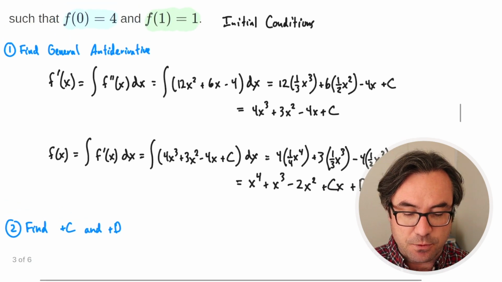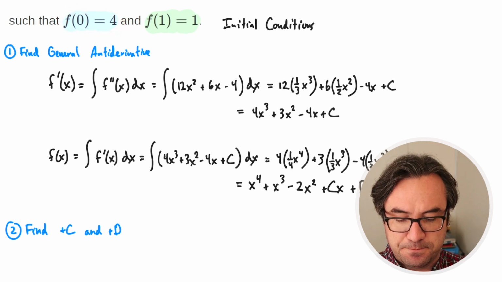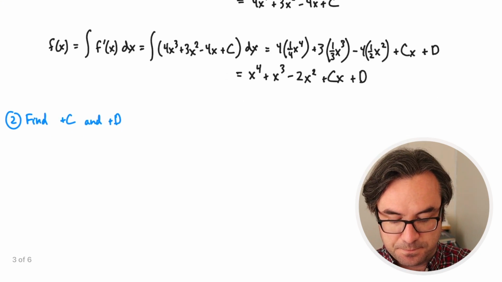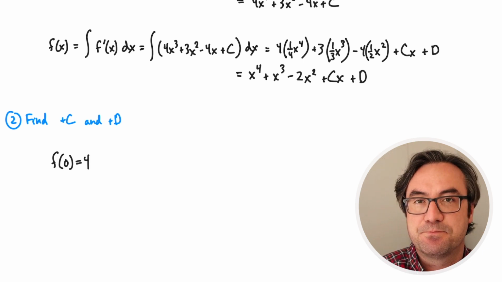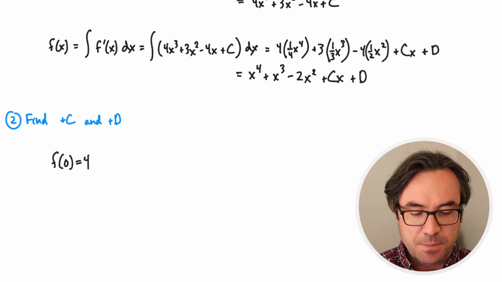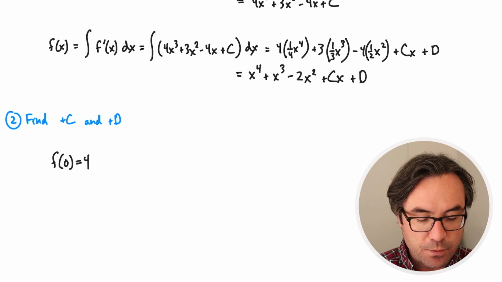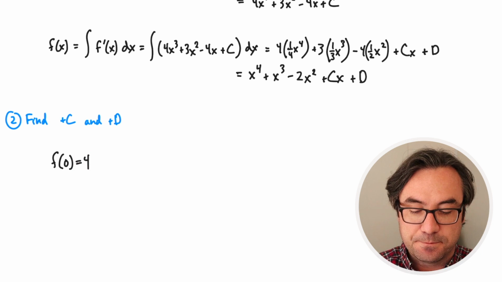All right, so let's start with f of 0 equal to 4. So we have this condition. What this says is when we plug x equals 0 into our function, what we have for our function so far, we should get out 4.